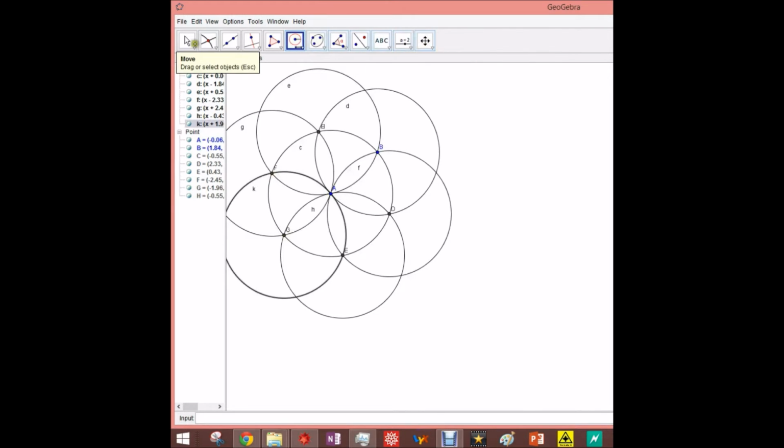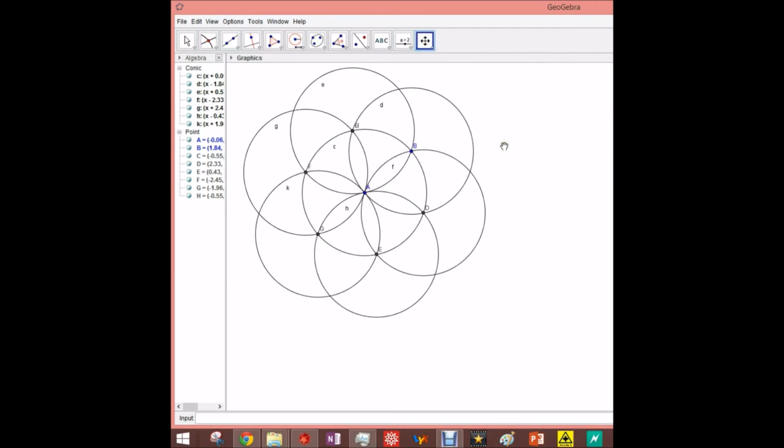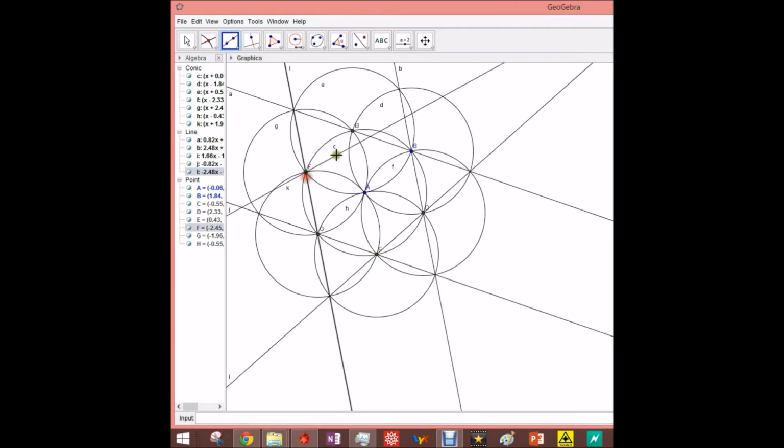And there we have it. So this is basically how Euclid makes a regular hexagon. Very nice idea, just using a straight edge and a compass.